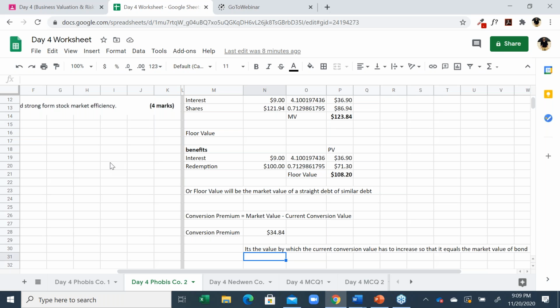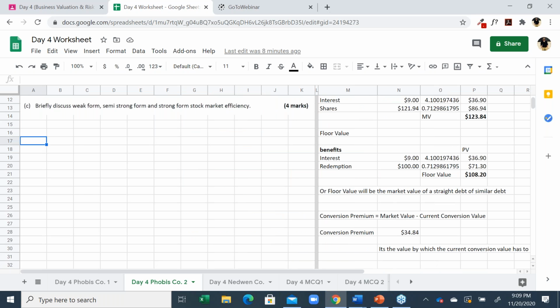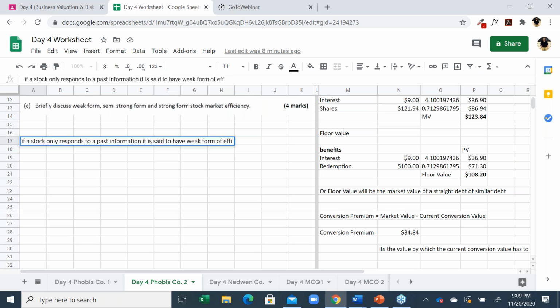Similarly, a stock market responds to a change, responds to a new piece of information coming into the market. Now, if a stock market only responds to a past information, it is said to have weak form of efficiency.